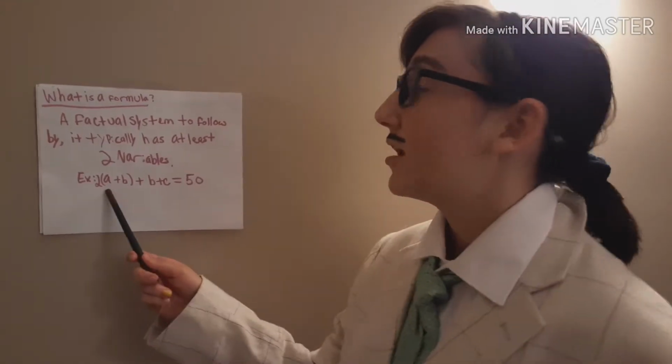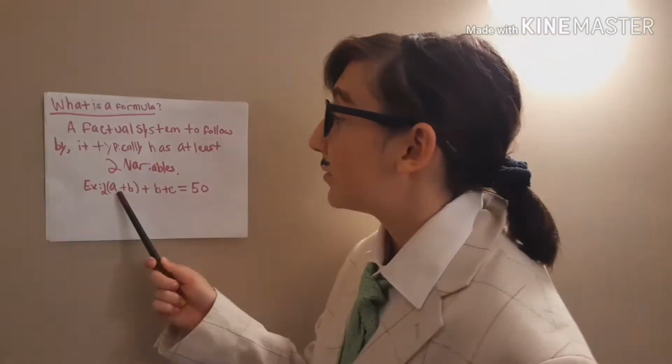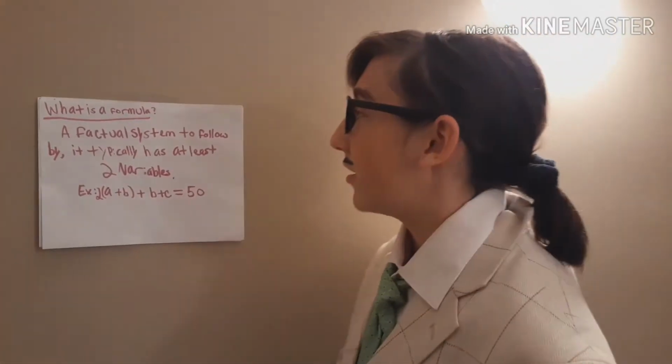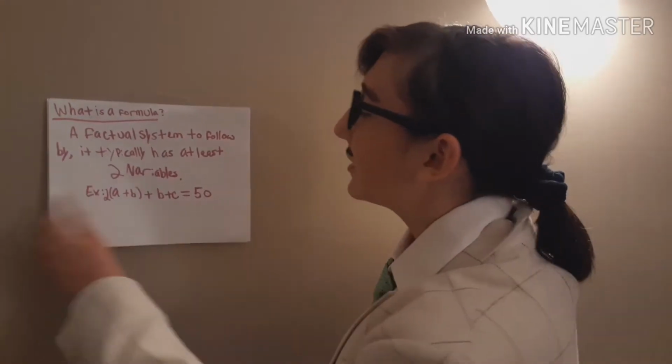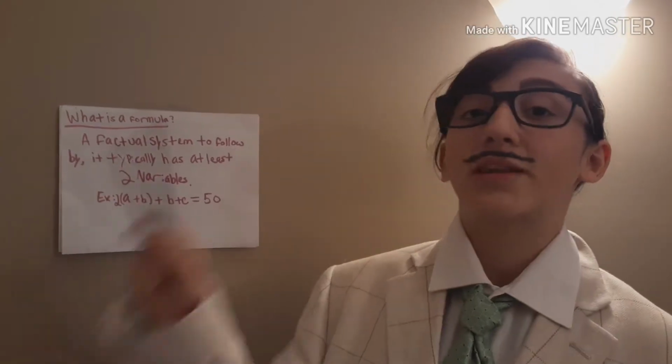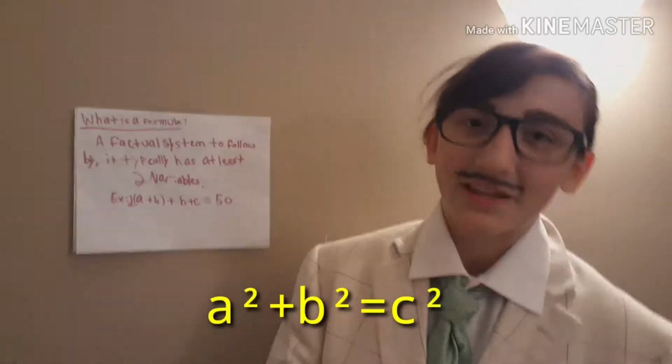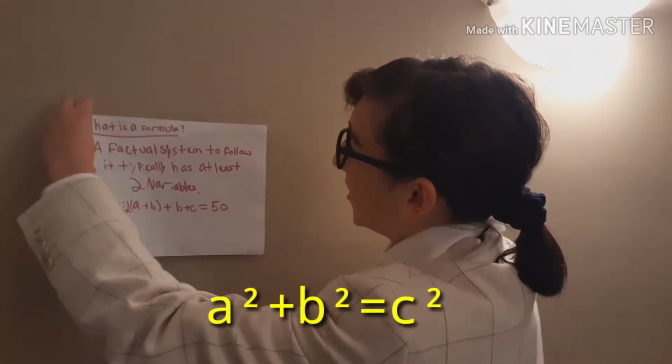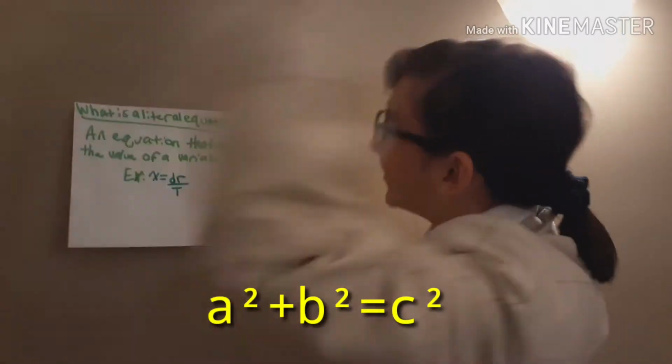And then you can plug in whatever numbers you find, and really that's just an example. Another one would be the Pythagorean theorem, which is a squared plus b squared equals c squared, and I'll put that at the bottom. Alright, next one.